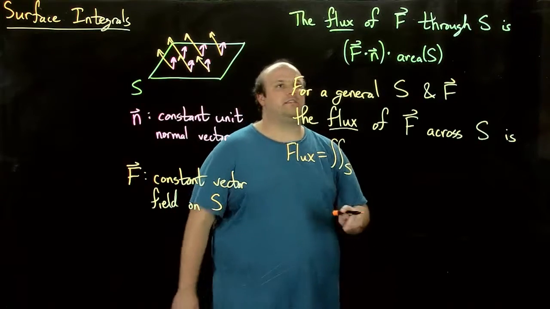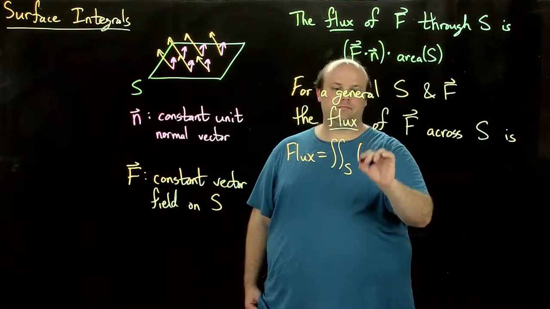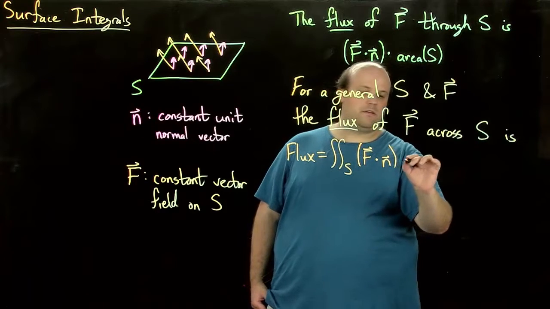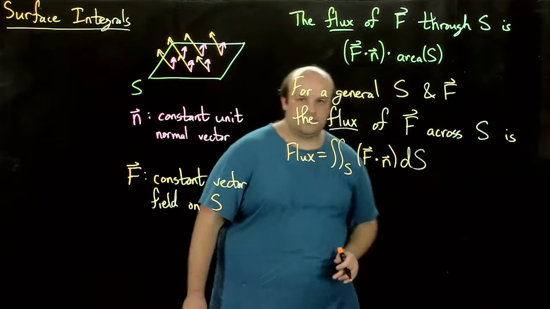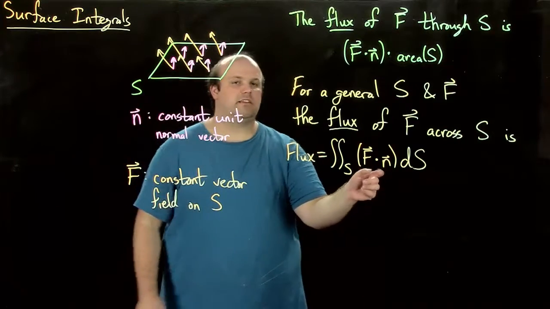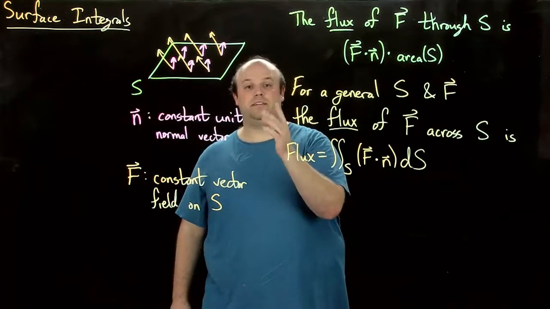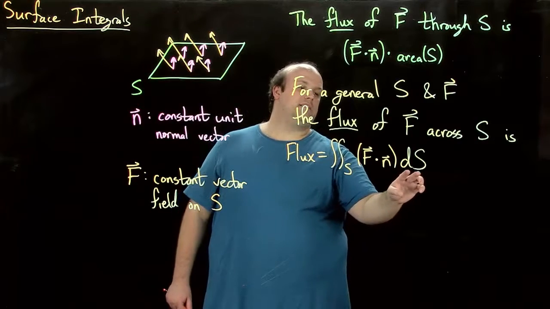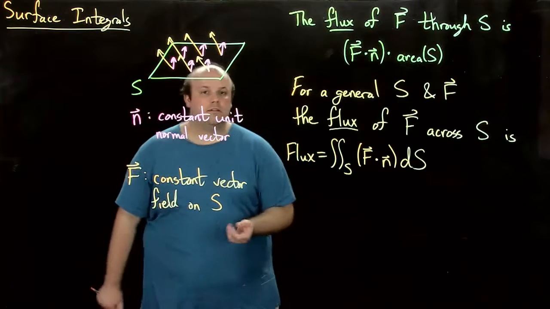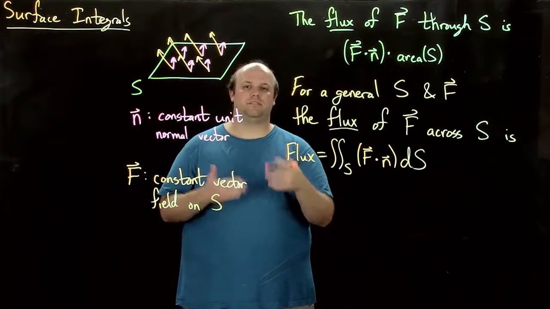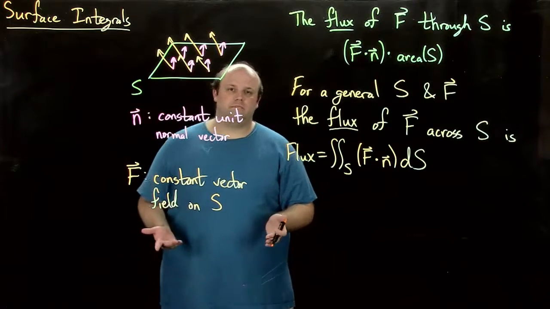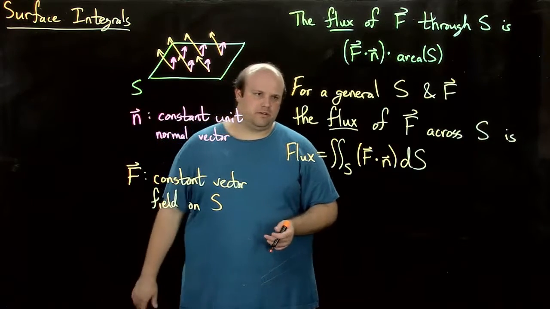We want to integrate this quantity, F dot n, over the surface. This gives you the flux at a point in some sense, and this integrates it over the surface. You could do the usual Riemann sum to create this, but we'll just leave it like this. This gives the clear picture.